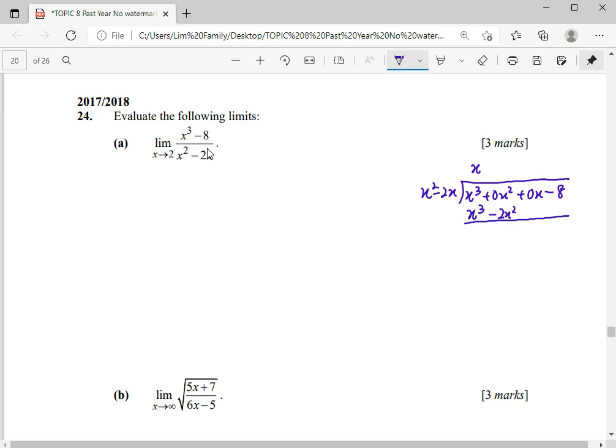Then our balance here will be 2x squared plus 0x minus 8. Then we continue. We need a 2 here. We get 2x squared, then minus 4x. And then our balance here, we will get 4x minus 8. So we cannot divide anymore, because this is linear and this is quadratic, which means our division will stop here.